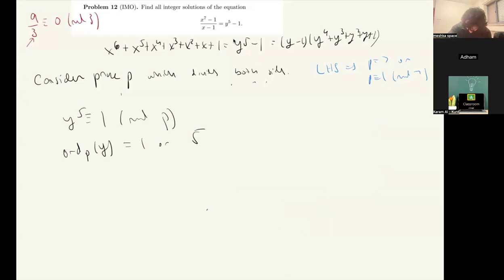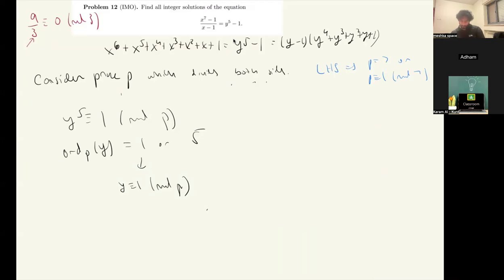Okay. And if it's 1, it tells us y is congruent to 1 mod p. Any ideas what we can do from here? Can't we use the fact that y minus 1 divides the left-hand side?